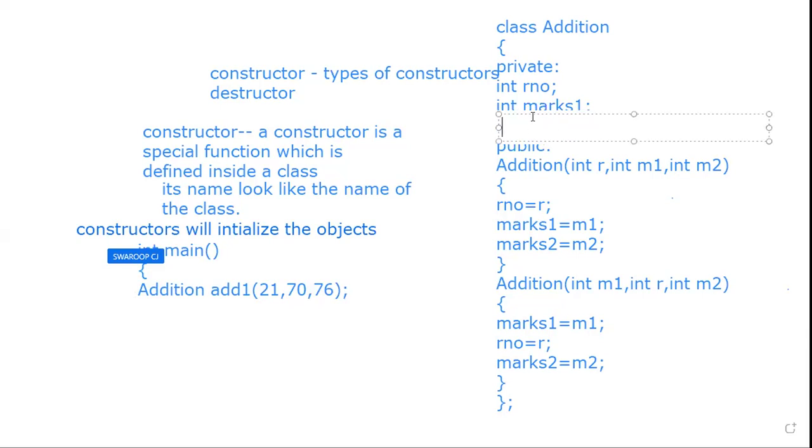In the place of integer, I will erase this one, remove this one, and in this place I will write a different type, that is called float. I will give the float here next. Float past. And obviously, you have to also change M2 to float.